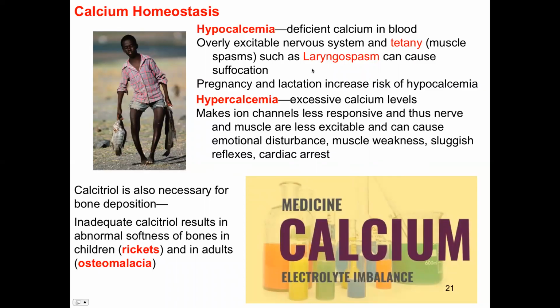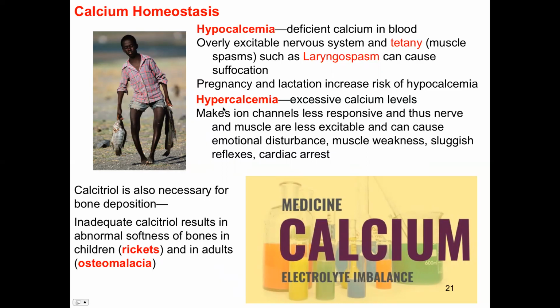So your larynx is in your throat, and the muscles there are going to close off your air passage. And then pregnancy and lactation obviously increases the risk of hypocalcemia as you're taking calcium and putting it into milk, all right?